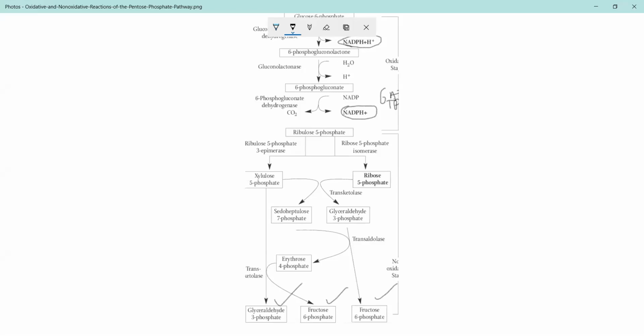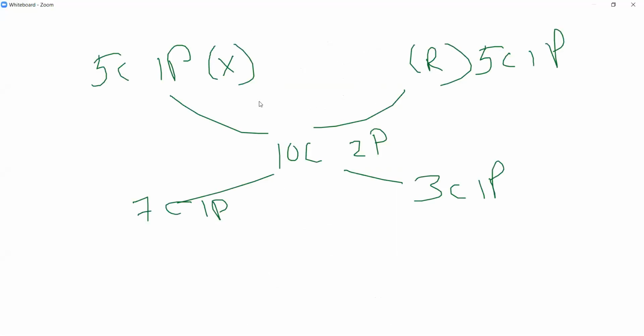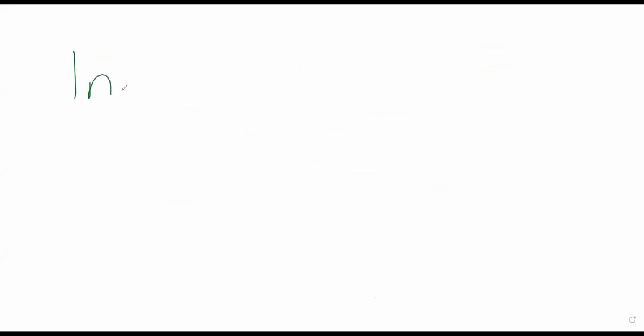Now, there are a few hormones that are able to regulate HMP shunt pathway. Two main hormones: one is insulin, the other is thyroid hormone. Okay. Insulin inhibits the synthesis of dehydrogenase.